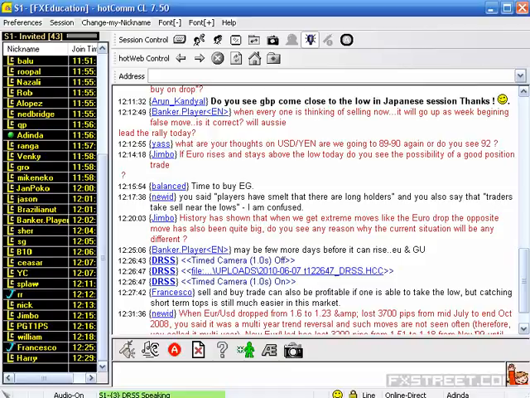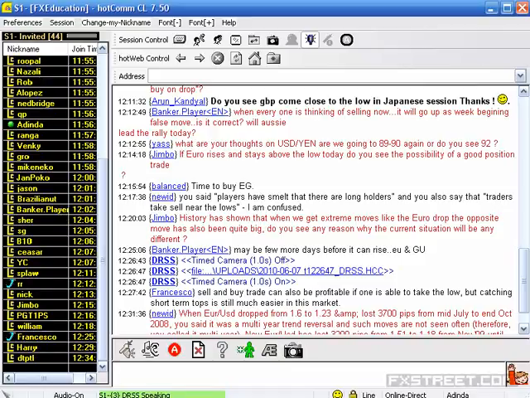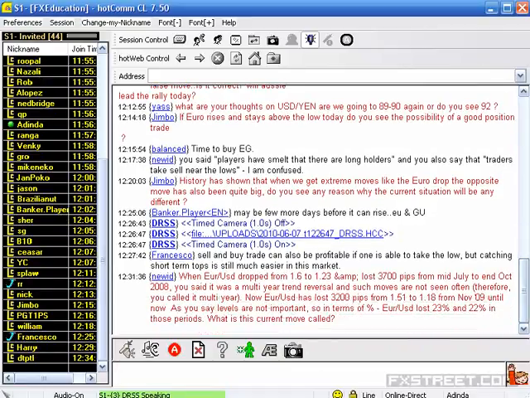Then, what are your thoughts with regard to USD yen? Are we going to 89.90 again, or do you see 92? Now I am envisaging only the 92-93 area in the case of USD yen. When you watch the behavior in the case of yen, you know that they give a pullback.